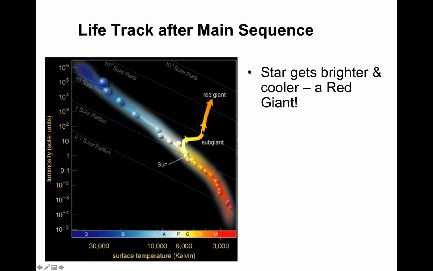As more and more of the central part of the star runs out of hydrogen, it gets more and more compressed, it gets hotter and denser. The luminosity, the energy being generated goes up, and that pushes the outer part of the star out more, and this star will continue to rise slowly up the red giant branch. This is a process that in the sun's case will probably take millions of years. But that's a far cry from the billions of years that it spent on the main sequence as it goes up to the top of the red giant branch.